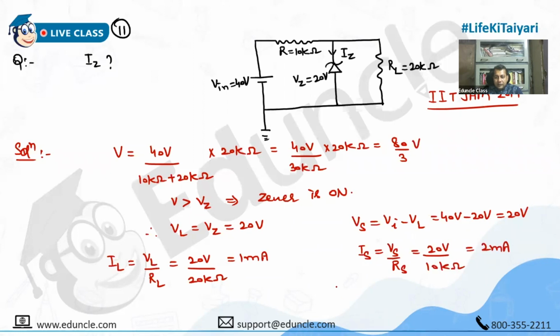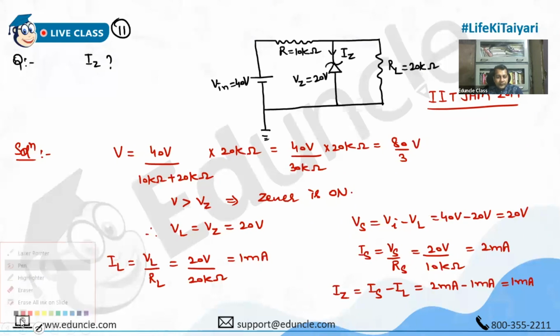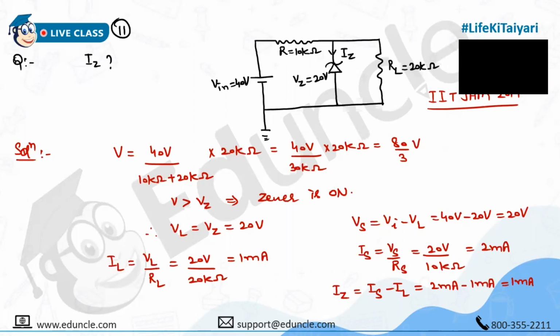So IZ is IS minus IL. So 1 milliampere is the answer. Please check. Clear? Yes, sir.